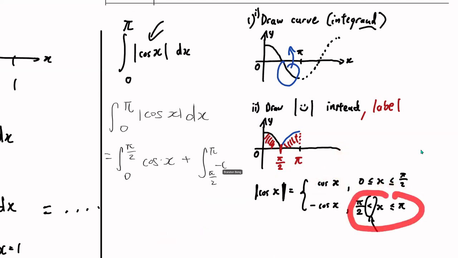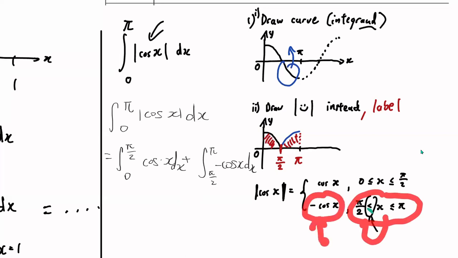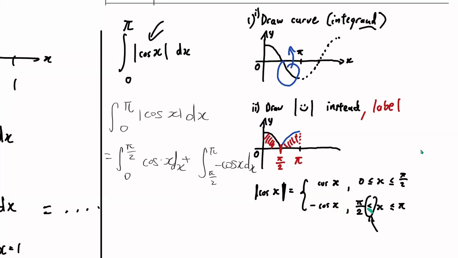But over there, if you also put an equal sign, then the computer will get confused. How come there is another instruction here that also says when x is pi over 2, use me instead. So now you have two different functions to use, right? So it's a bit confusing. That's why you have to be a bit more precise when you're writing the domain. Don't only include equal for one of them. This one is about domains. I didn't have time to talk about it. Yes, and then you just split it up into these two pieces.